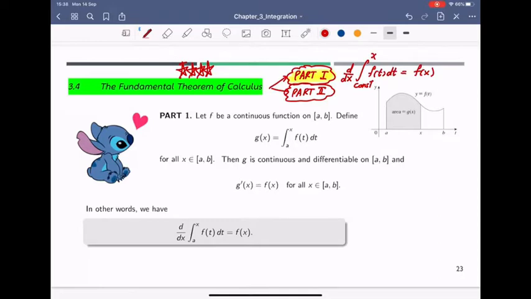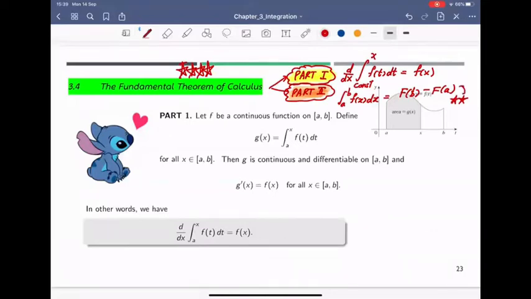The fundamental theorem part 2 says the integral from a to b of f(x) dx is the antiderivative F at b minus the antiderivative F at a. I think about 40 students are here, so you are more familiar with part 2.